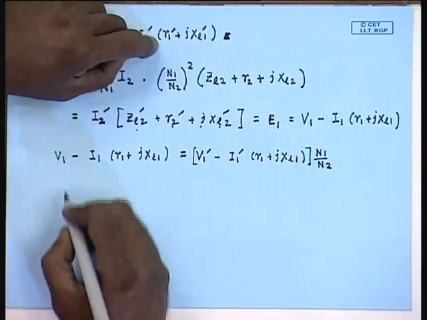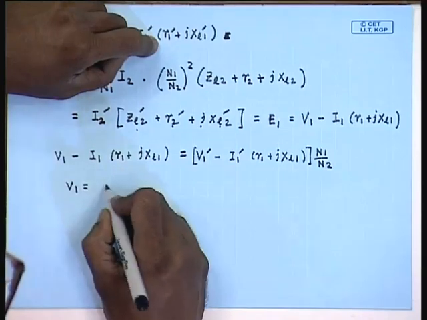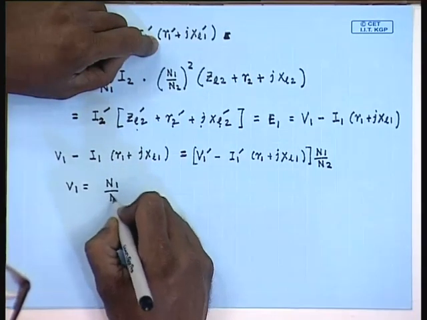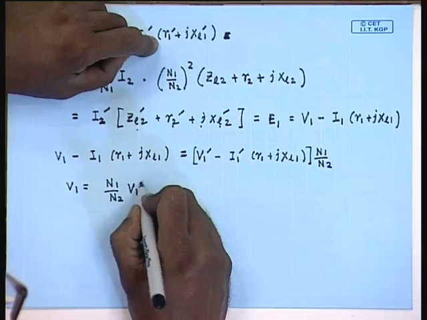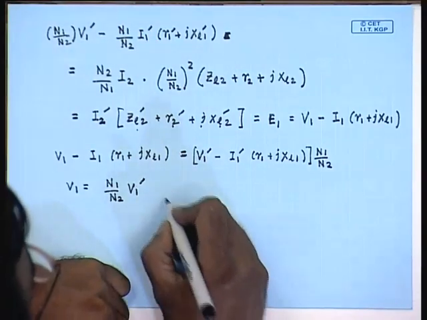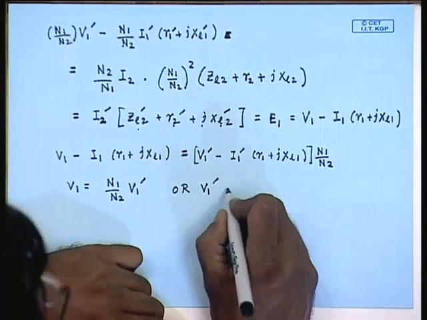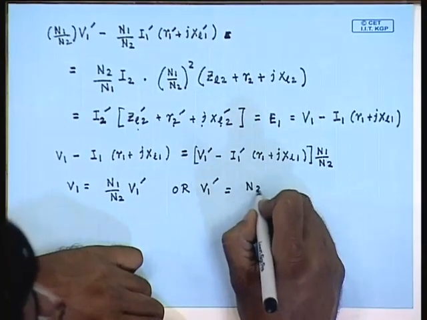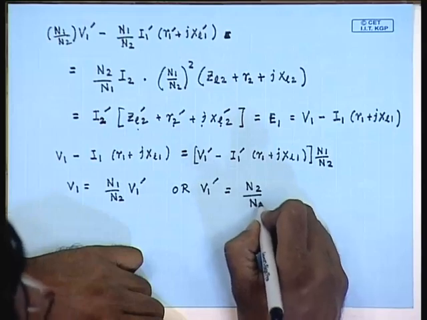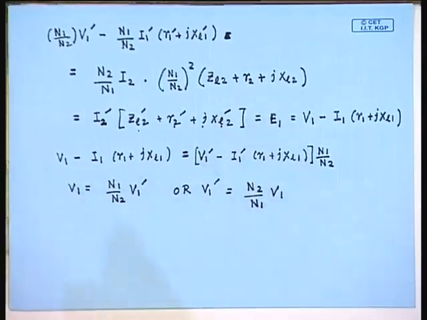Equating terms, we can say V1 equal to N1 by N2 into V1 dash, or V1 dash equal to N2 by N1 into V1.